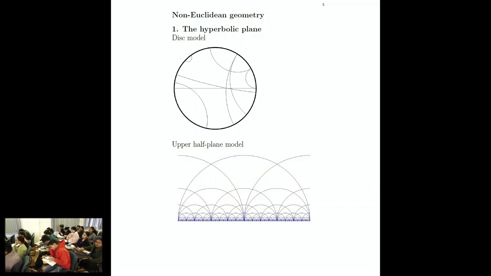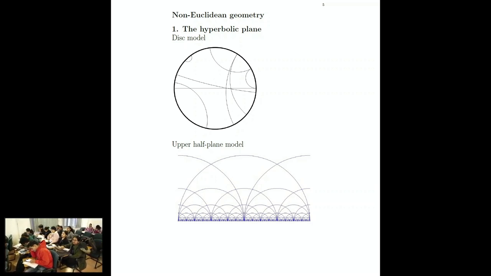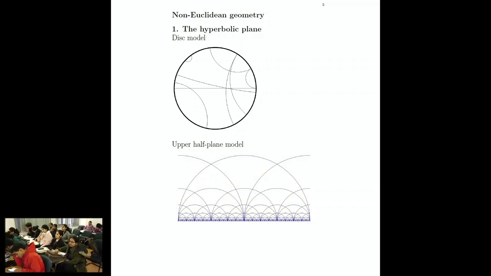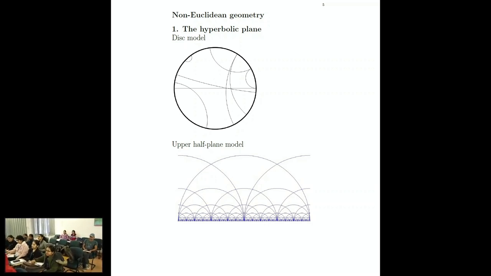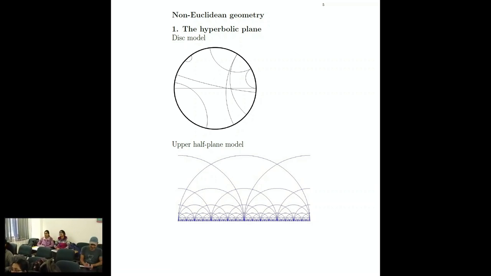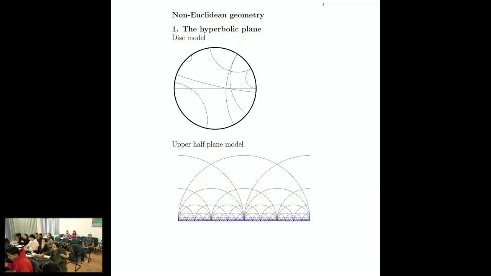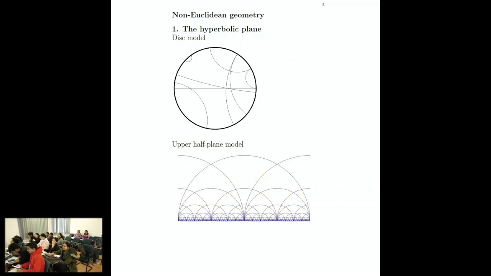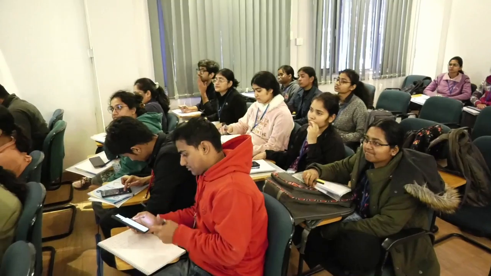So, for instance, in this model, the lines are arcs of circles which are perpendicular to the boundary, all of these. So, for instance, this diameter of the circle is also considered as a circle perpendicular to the boundary. You see, this is a picture of a collection of lines in the hyperbolic space.